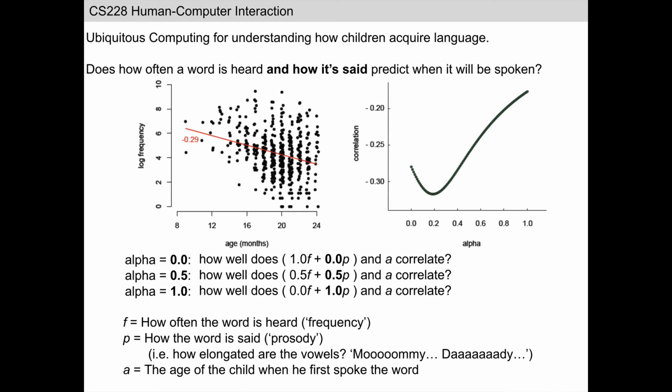If we go to the bottom of these points around here at alpha 0.2, we have a very strong anti-correlation. What does that mean? So if we work backwards to an alpha of 0.2, what is that telling us about how this child acquired language?